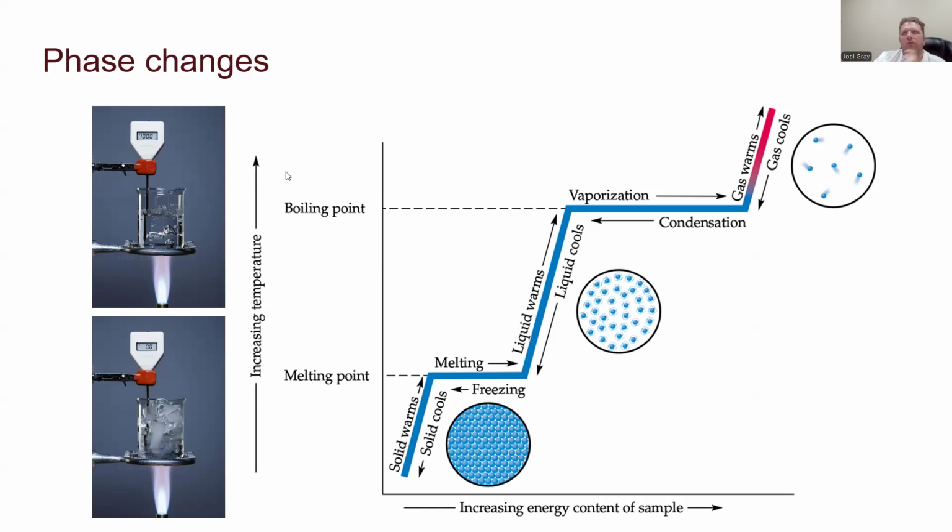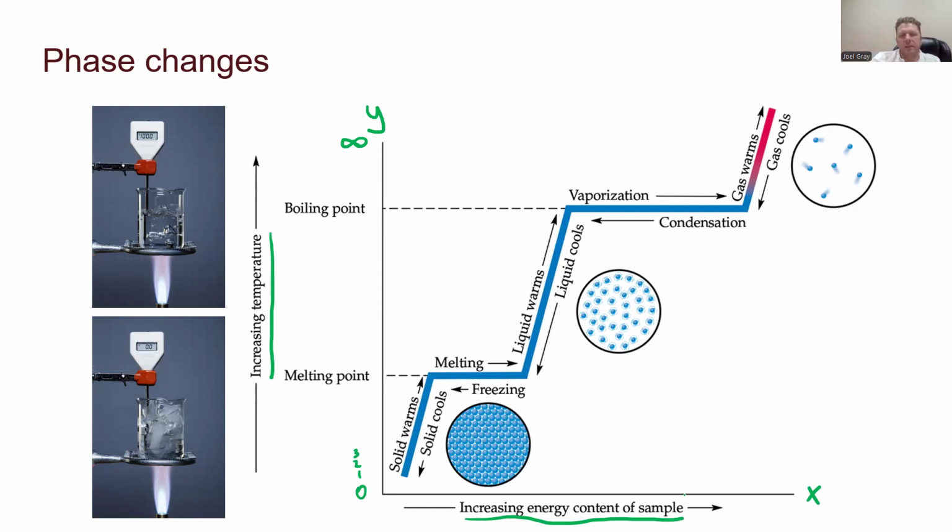Now, whenever you look at a graph where you've got a y-axis and an x-axis, you want to see what those labels are. So this y-axis has a range from 0 to infinity. These are positive numbers. So 1, 2, 3, and so on. So we see an increase in temperature on my y-axis. On my x-axis, we're seeing an increasing energy content of a sample.